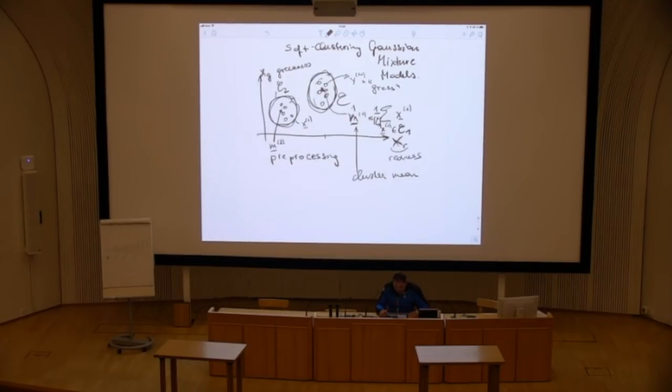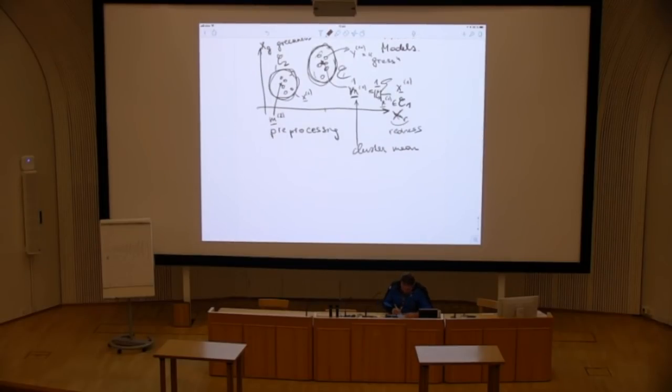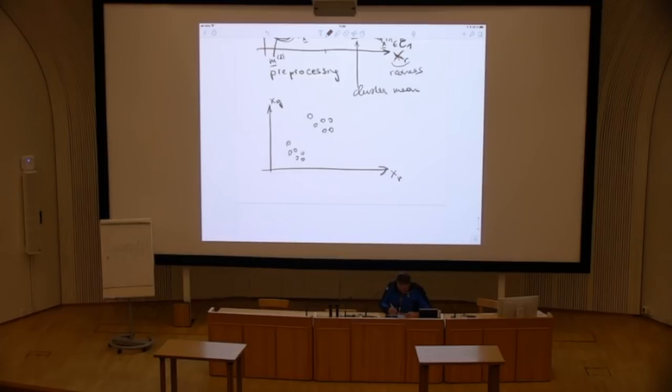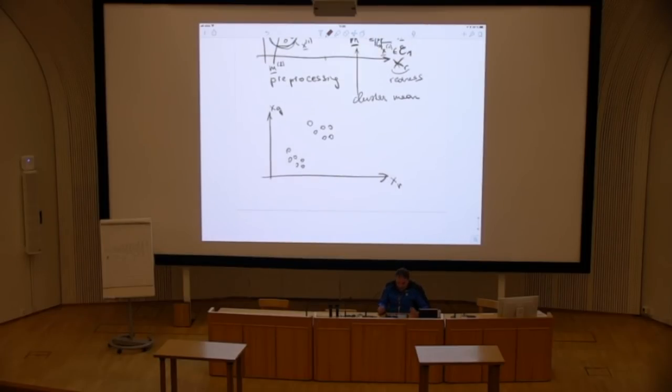How can we find the cluster means from the data? Here I kind of cheated a bit because I drew already the cluster structure, but in practice all you get is a bunch of data points which are characterized by features, redness and greenness. So how do we find the cluster means?